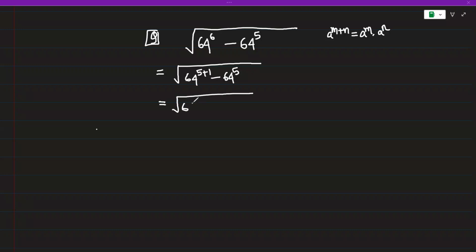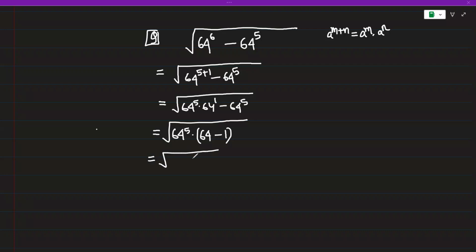Now 64^5 times 64^1 minus 64^5. If you take 64^5 common, we get in parentheses 64 minus 1. We can write that as 64^5 times (64 minus 1), and we got 63.